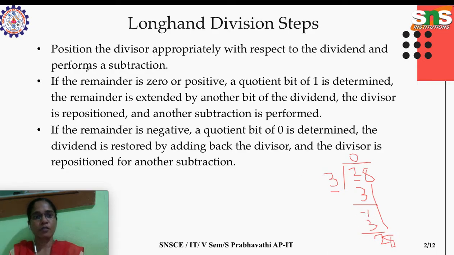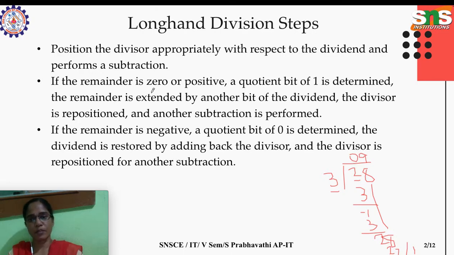So if the remainder is 0 or positive, here now if we do the division, how many times is it? 9 times, is it not? So 9 times 3 is 27, and we will get the remainder as 1. So this is positive, is it not?